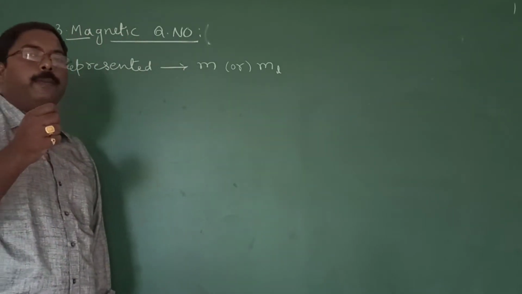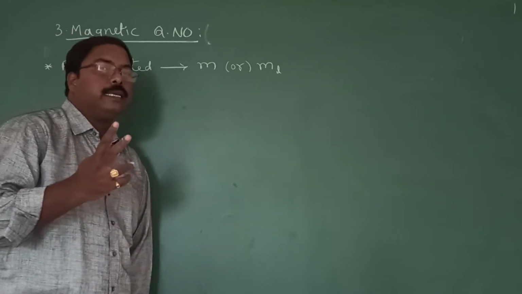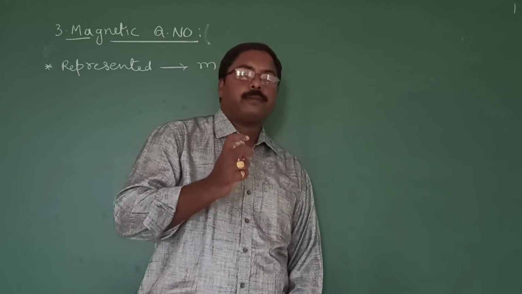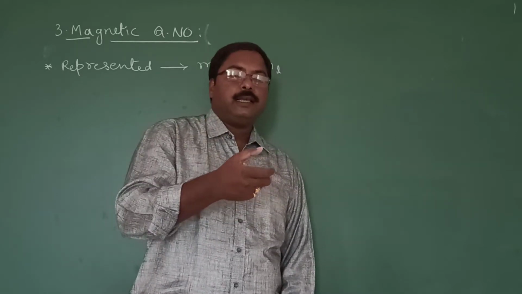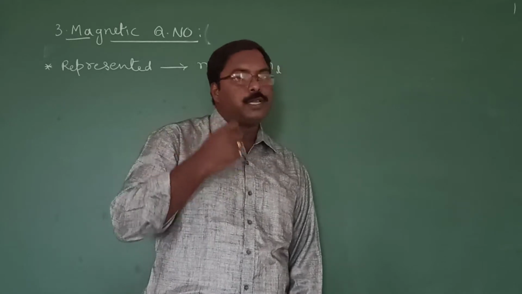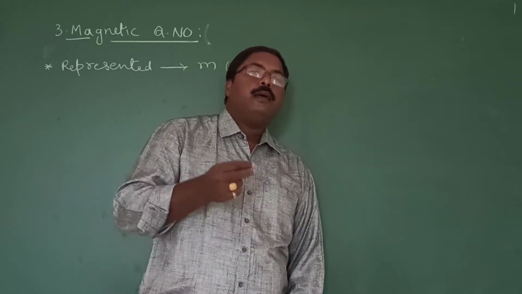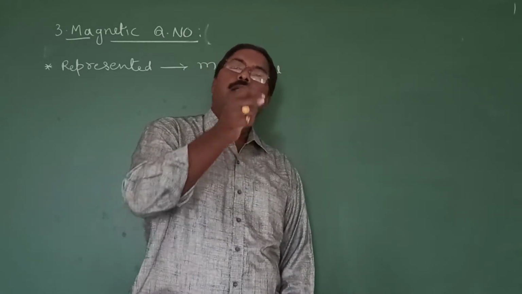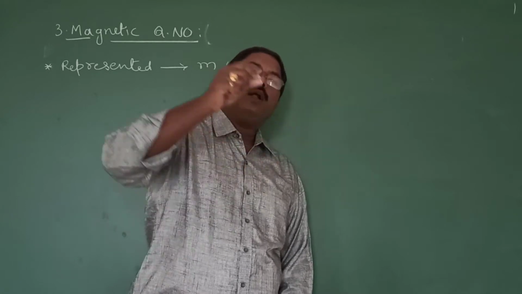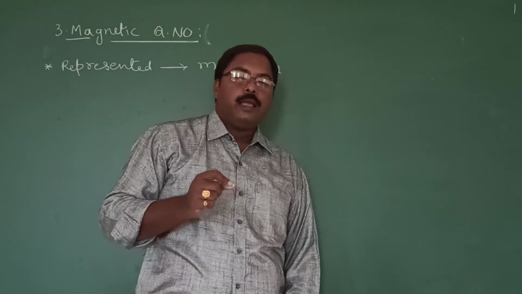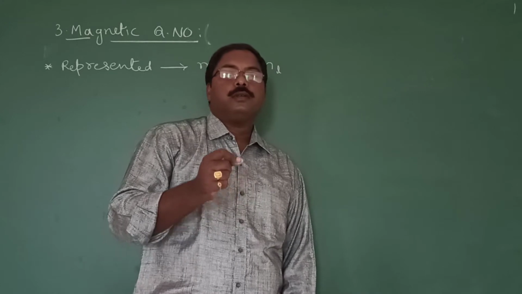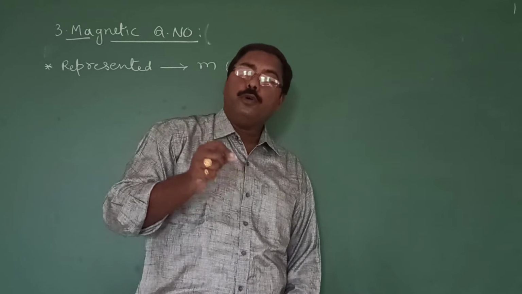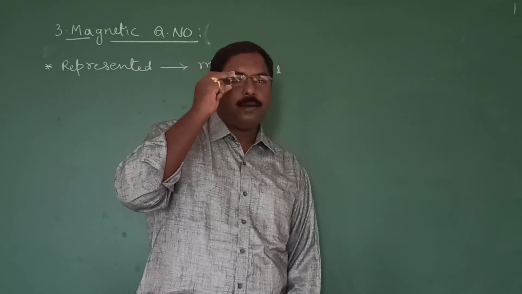Regarding any quantum number, first we need to focus on two things: one is the importance of that quantum number, meaning what it represents, and the second is the values of that quantum number. Regarding the previous two quantum numbers, n values are always positive integers 1, 2, 3, and so on. Coming to the L values, we start from 0, 1, 2, 3, and so on, up to n minus 1. Okay?